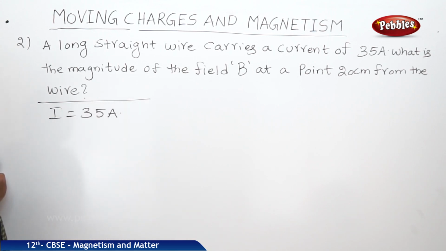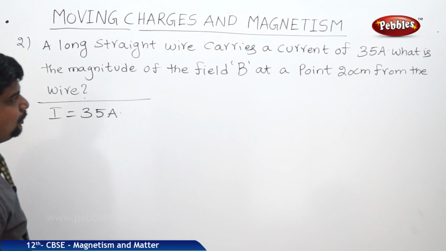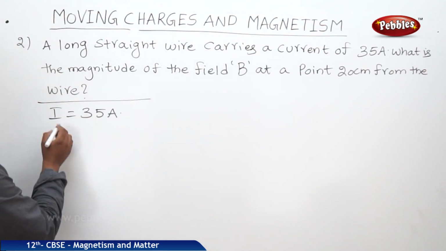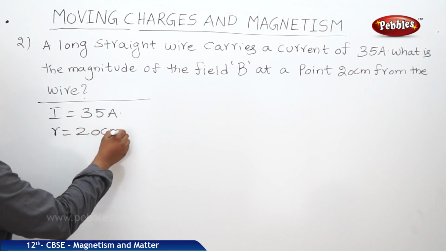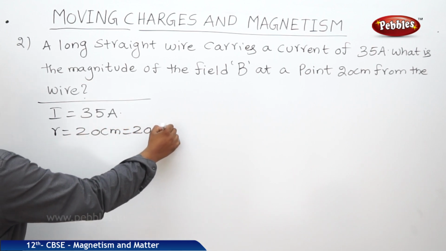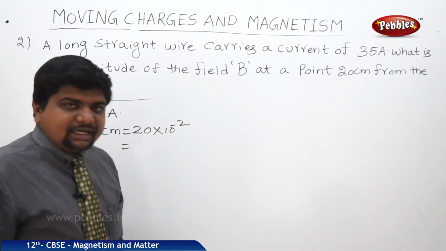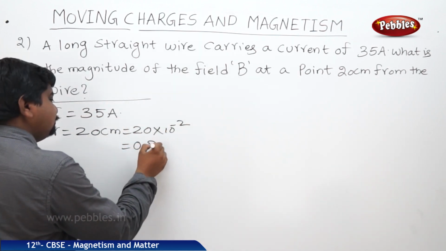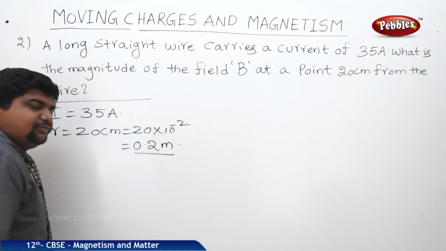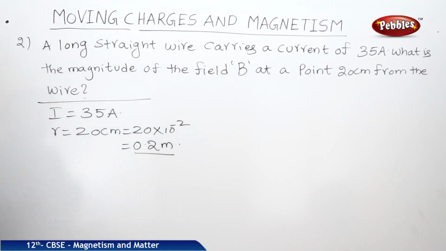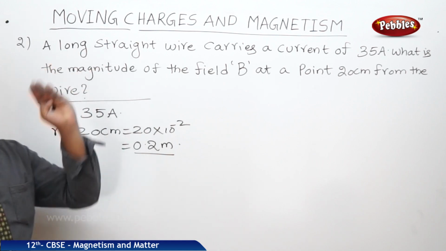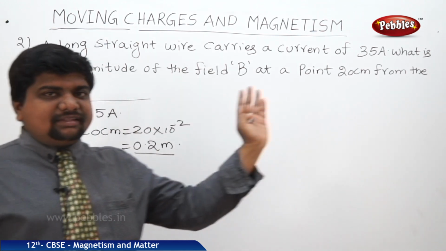We should find the magnitude of the magnetic field B at a point 20 centimeters from the wire. 20 centimeters means 20 into 10 to the power of minus 2, simplified 20 by 100, 0.2. This is a long straight wire, we can say it has infinite length.